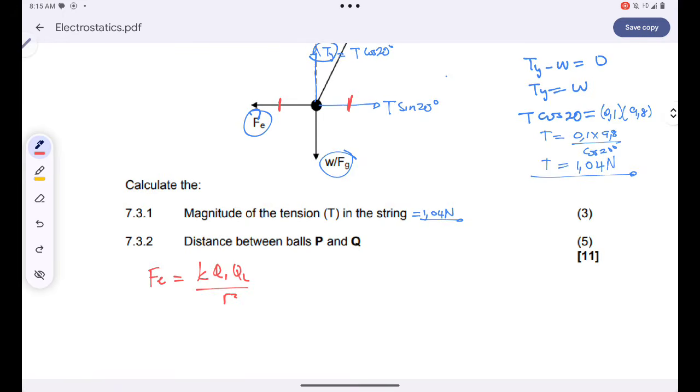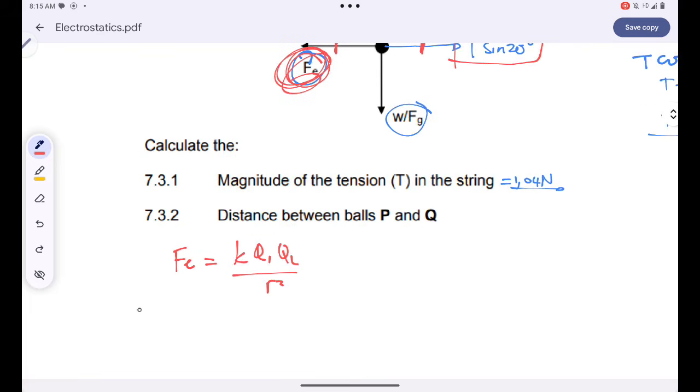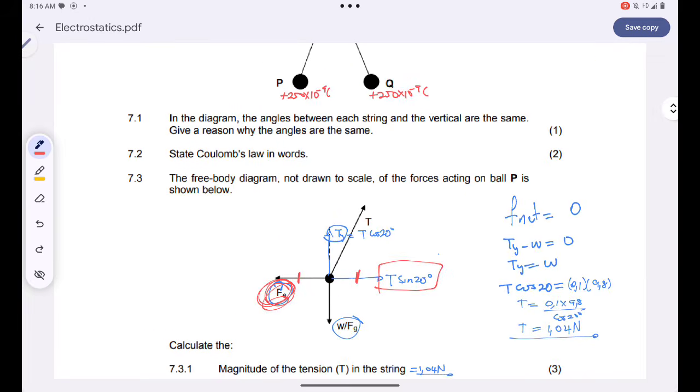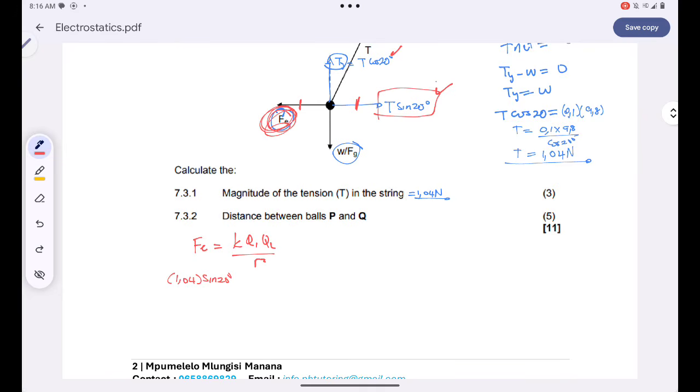But I know that this electrostatic force is equal to the horizontal component of sphere P. The horizontal component is just the tension, which is 1.04 multiplied by the sine of 20 degrees. Remember that, guys, we did find that our horizontal component is T multiplied by sine theta, and our vertical component is T times cos theta.